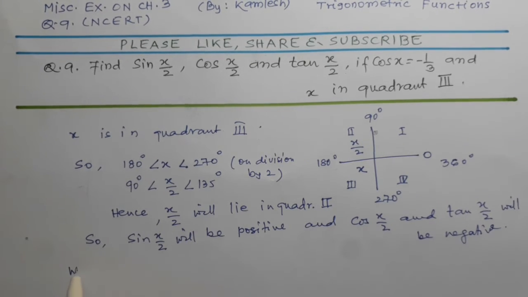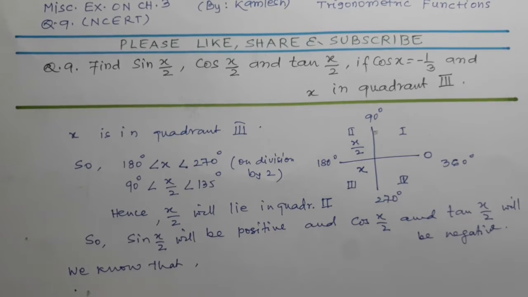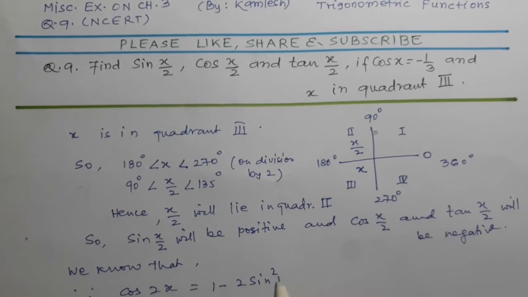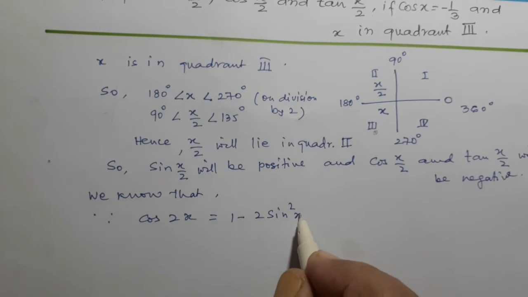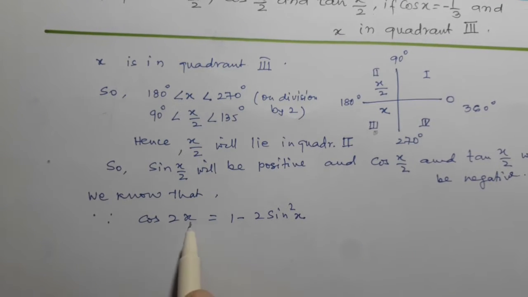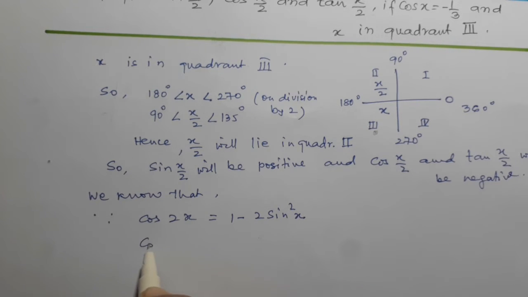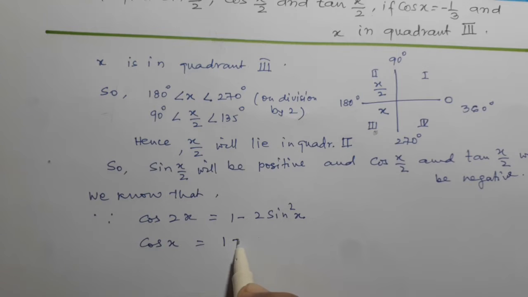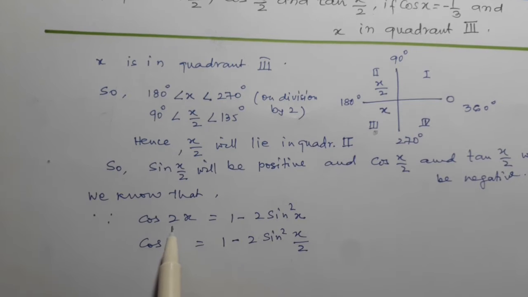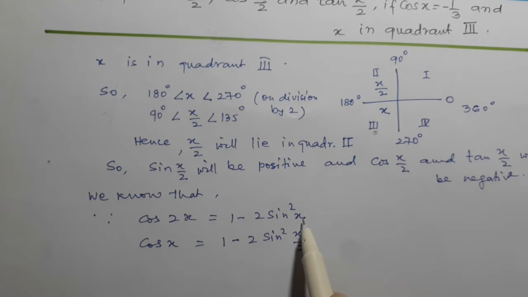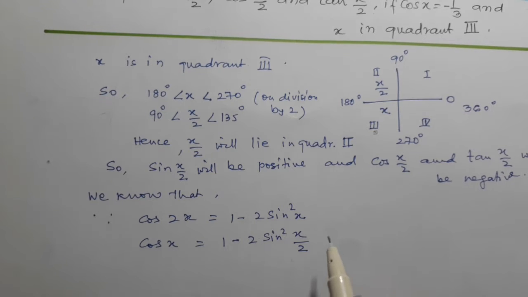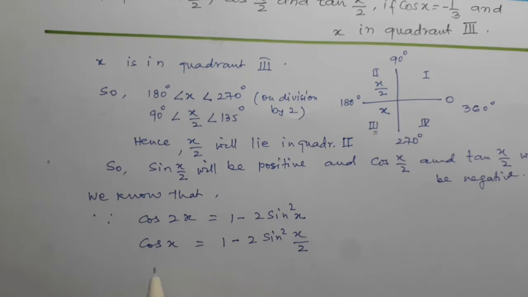Since we know that cos 2x equal to 1 minus 2 sine square x, so if we replace x by x by 2, it will be cos x equal to 1 minus 2 sine square x by 2, and cos x is given minus 1 by 3.